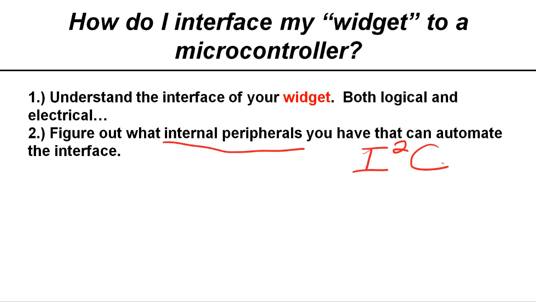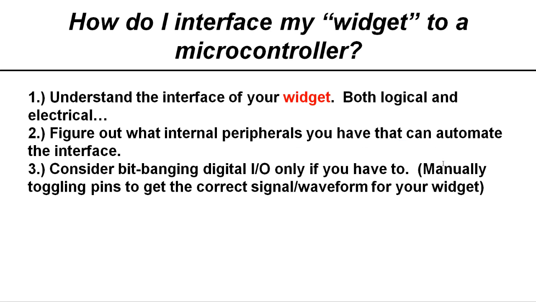That way you're not using all of your processing power, all of the microcontroller, to control one interface or one widget. Now, here's something I say: consider bit banging digital I/O. And what's bit banging? That means manually toggling pins in software to get the correct waveform. So you would literally write code to say set pin high, set pin low, set pin high, wait, set pin low.